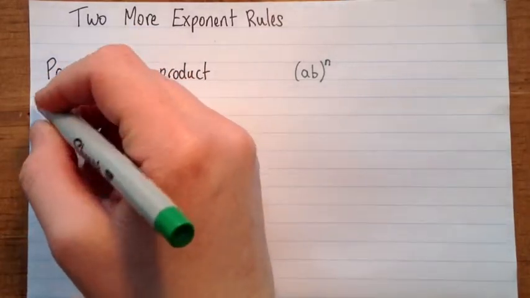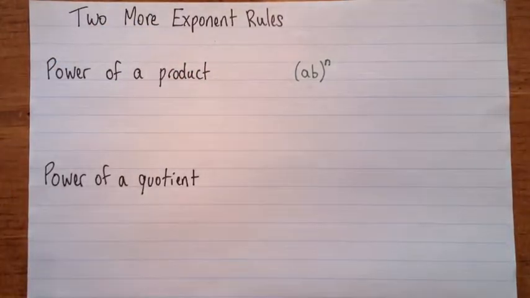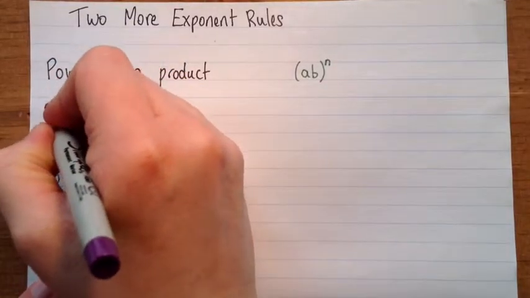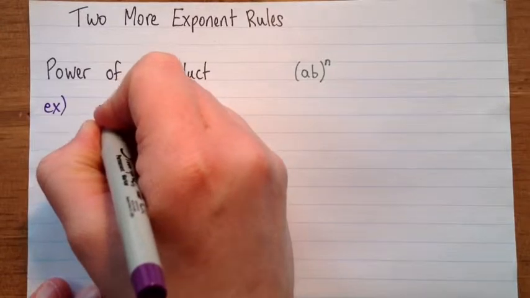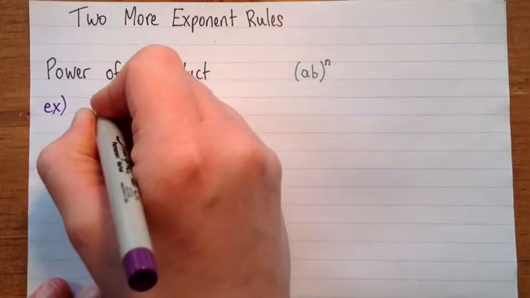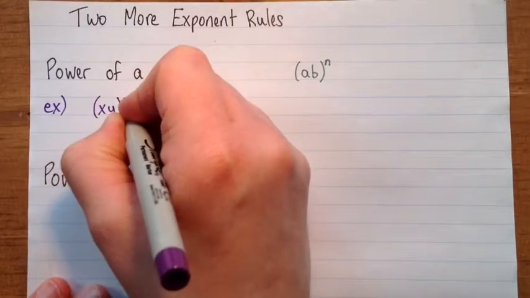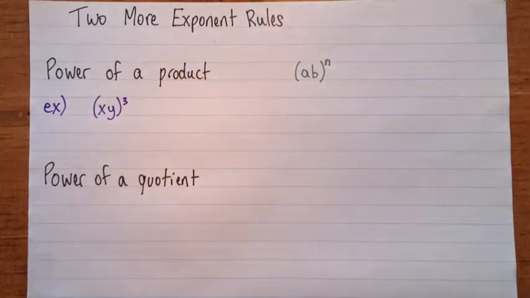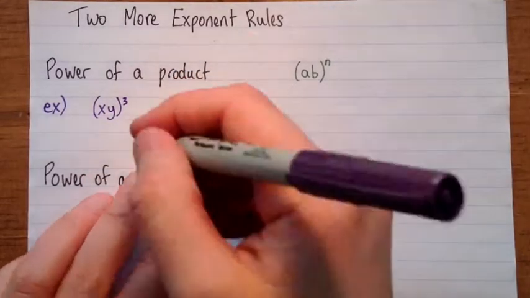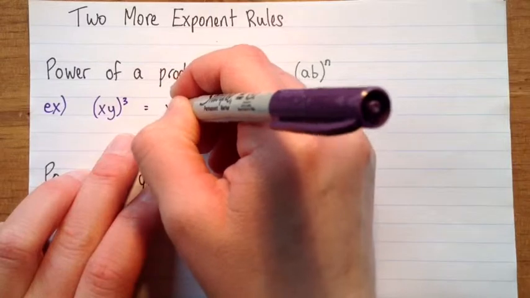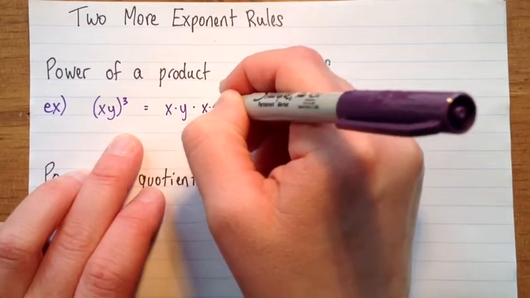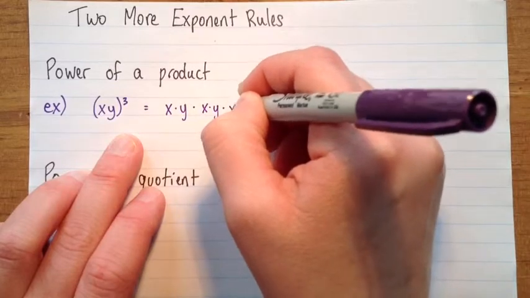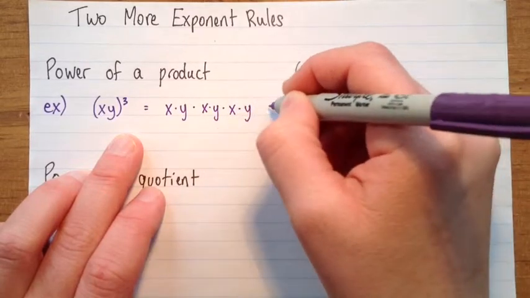So for example, let's look at an example. I'll make it in purple here. Say we had x times y to the exponent 3. How could we simplify that? Well, that would be xy times xy times xy.